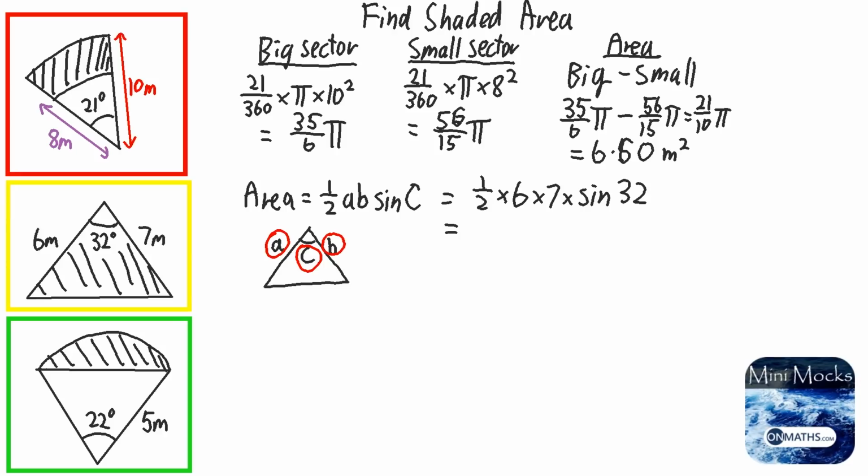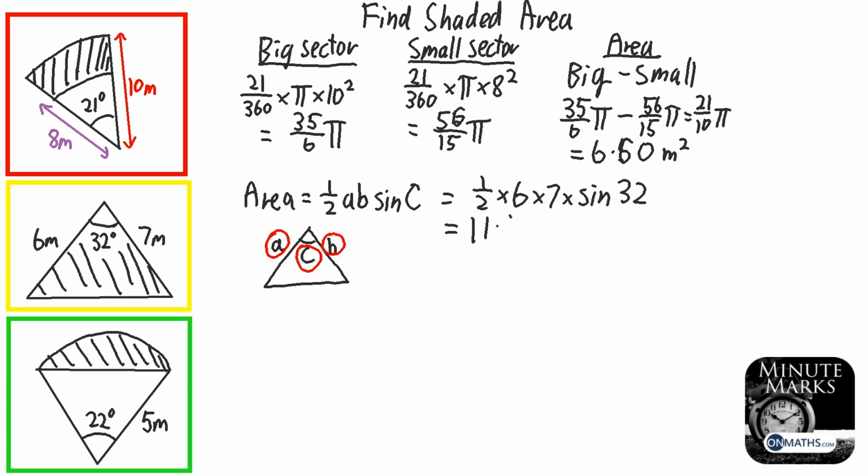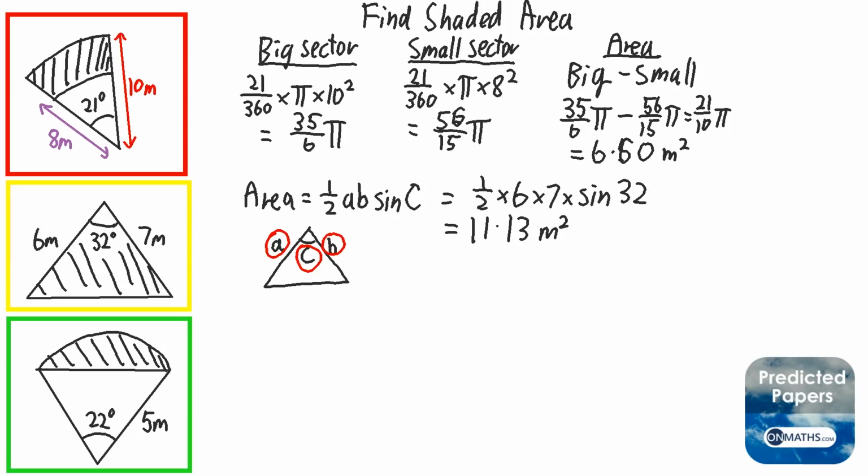I'm just going to type that into the calculator, so half times 6 times 7 times sine 32, and it says 11.13 to 2 decimal places, and that is an area, so it's meters squared.